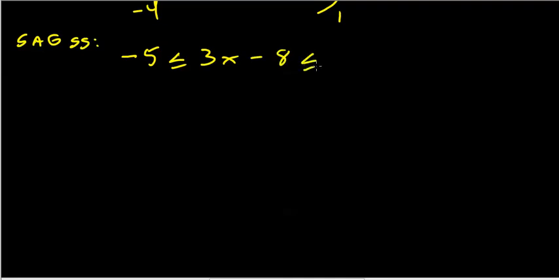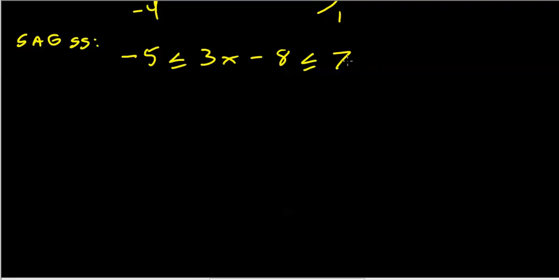Let's do another one. Solve and graph the solution set as in section 4.1. Minus 5 is less than or equal to 3x minus 8, which is in turn less than or equal to 7.